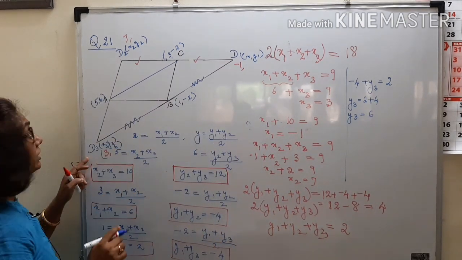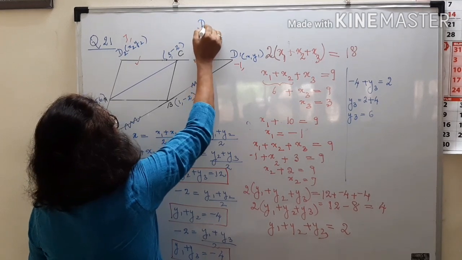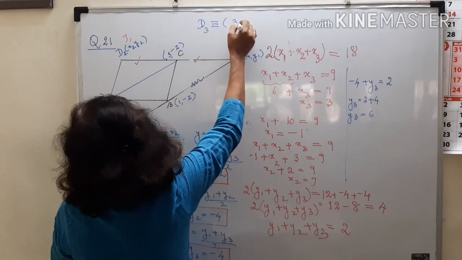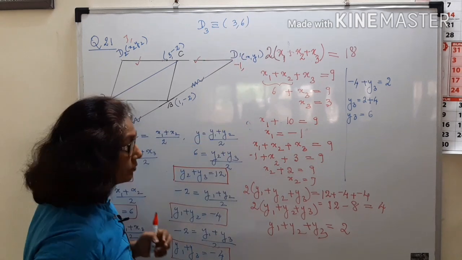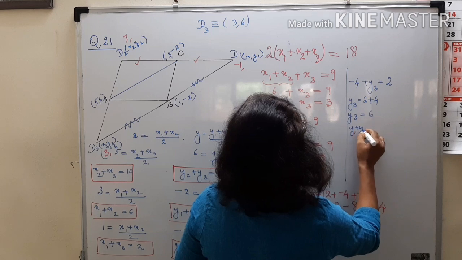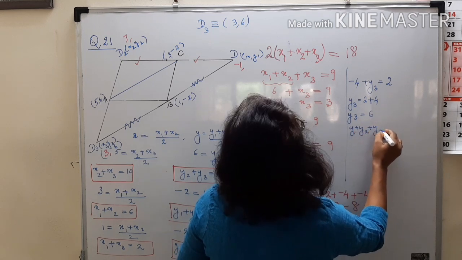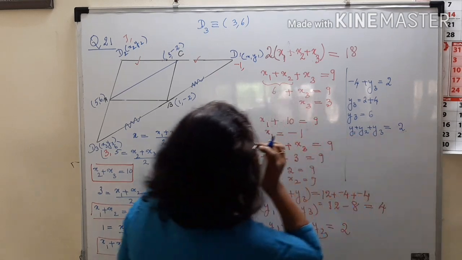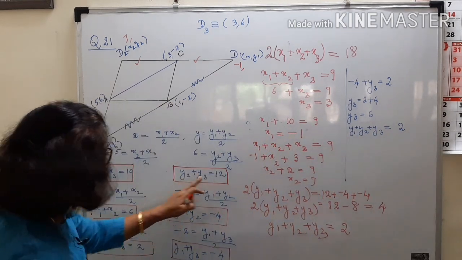So, we got D3 corresponds to 3 and 6. y1 plus y2 plus y3 is 2. But what is y2 plus y3?